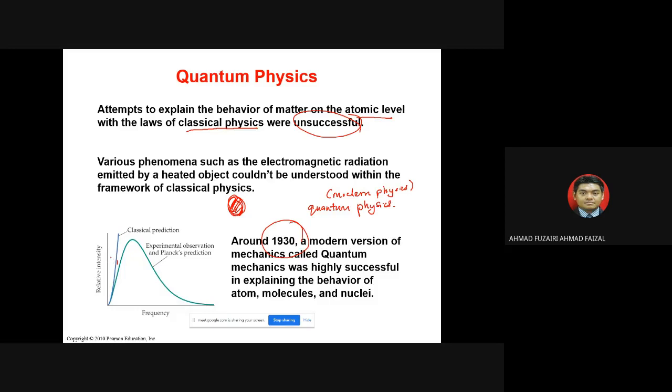The classical prediction is that intensity against frequency will be directly proportional. But in the experimental observation, it's not like that. It has a curve like this.